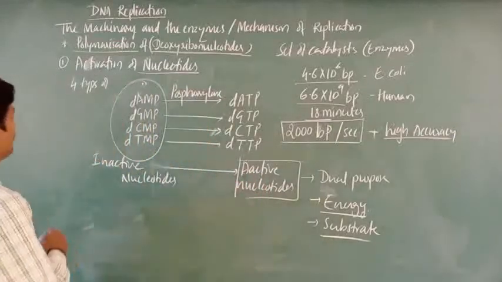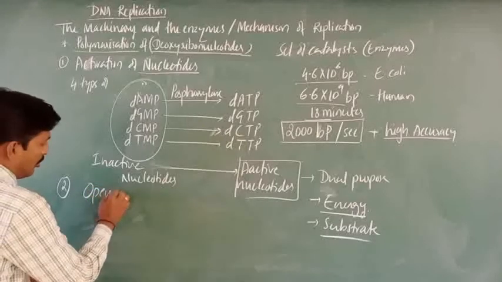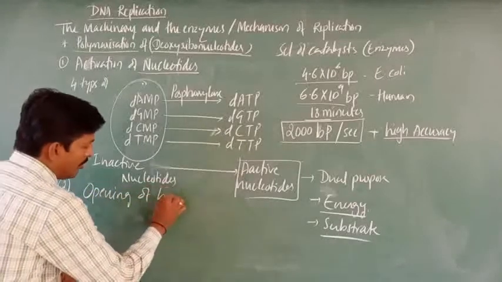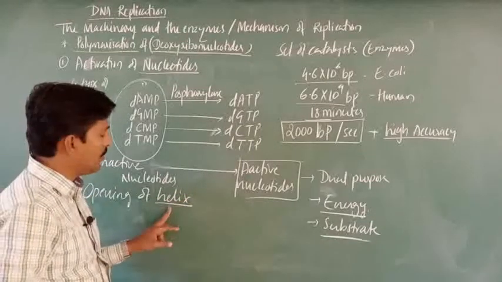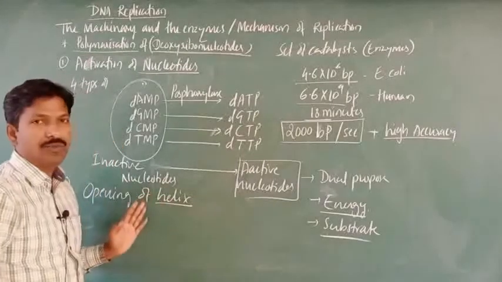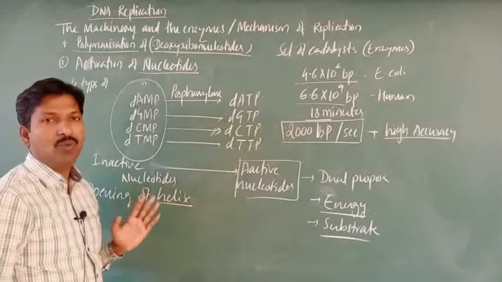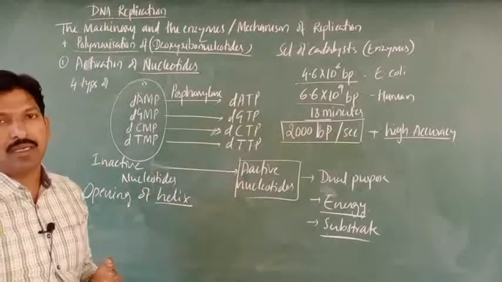The second step is the opening of the double helix. Of course DNA is double stranded, and it will get opened with the help of an enzyme, unwindase, or we can say helicase.